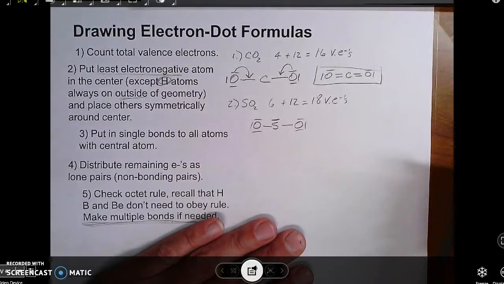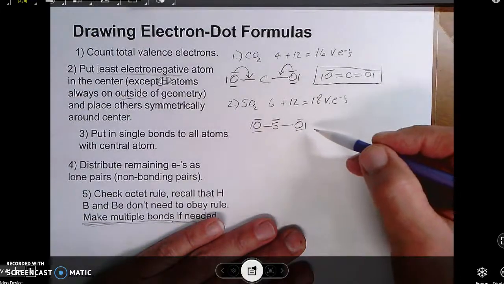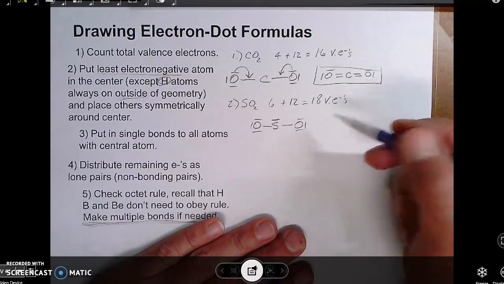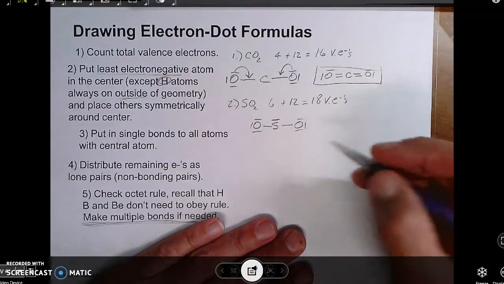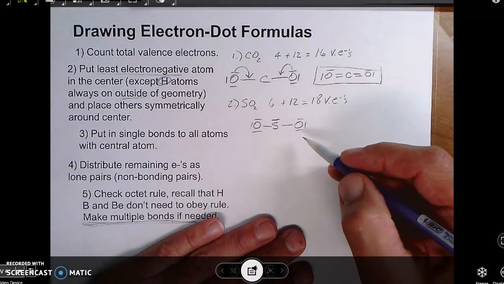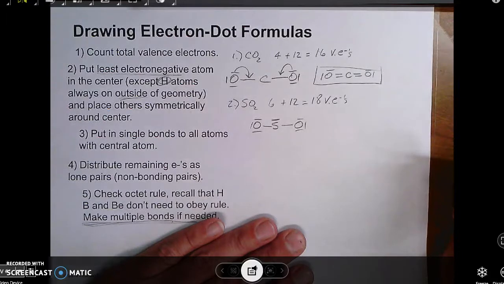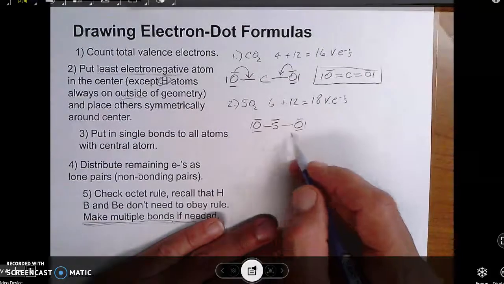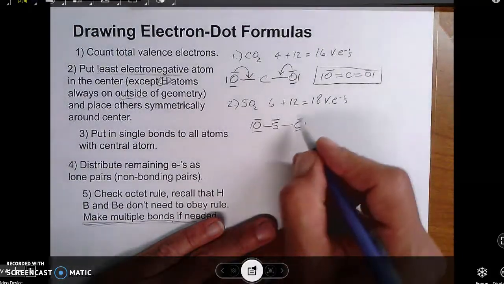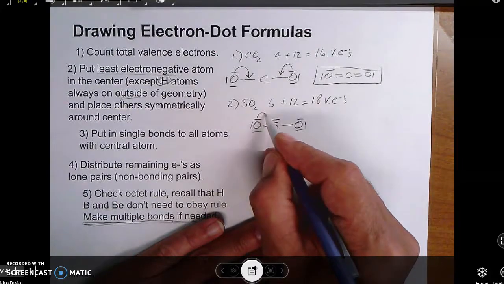I guess the answer is we have to do both. And the true structure is going to be an average of these two, what are called resonance forms of the Lewis-dot formulas.